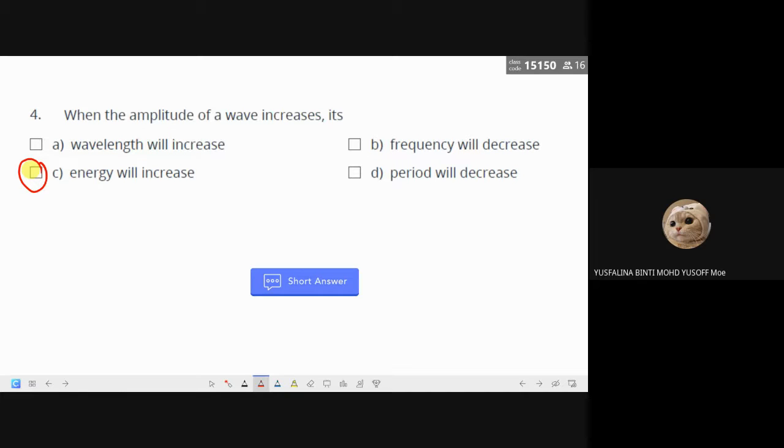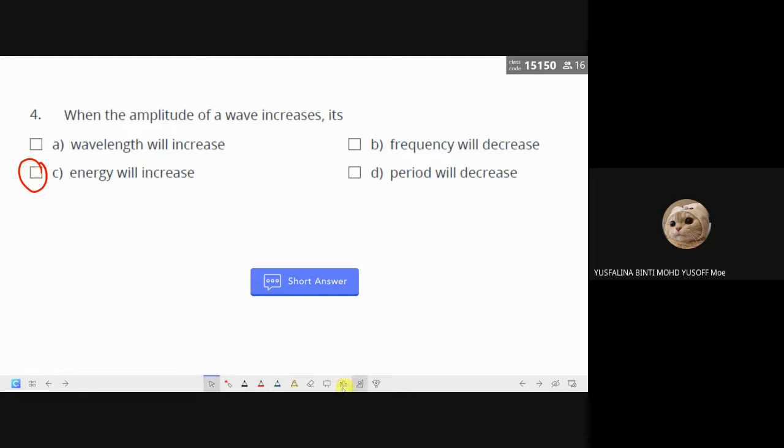But in damping oscillation, when the amplitude decreases, the energy also decreases. So that is damping oscillation. The amplitude decreases because it has to overcome the air friction, so there will be energy lost to the surroundings. That's why the amplitude decreases.